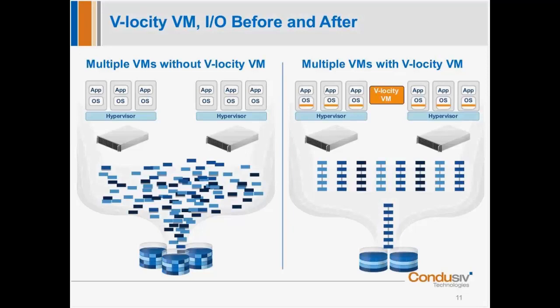And this typically overwhelms the host, the hypervisor, your network, and the back-end storage. As a result, you tend to spend an ever-increasing amount of money for more and more hardware to compensate for this increase in I/O traffic.